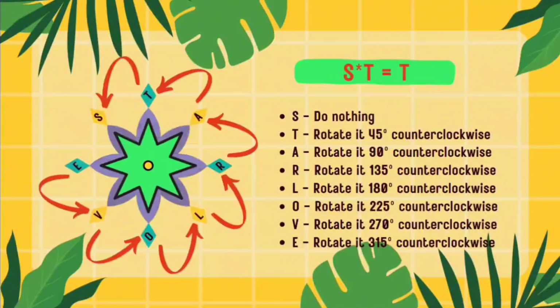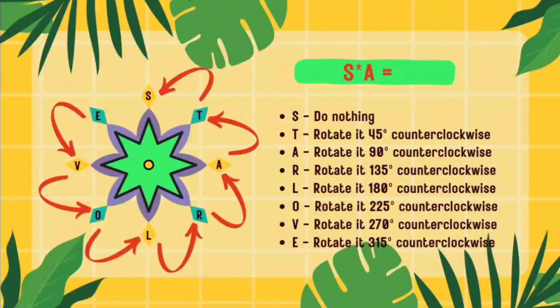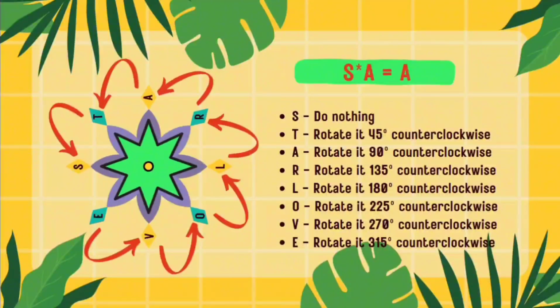And after rotating it, S star T is equal to T. Next is S followed by A. Since the movement of A is rotate it 90 degrees counterclockwise, S star A is equal to A.